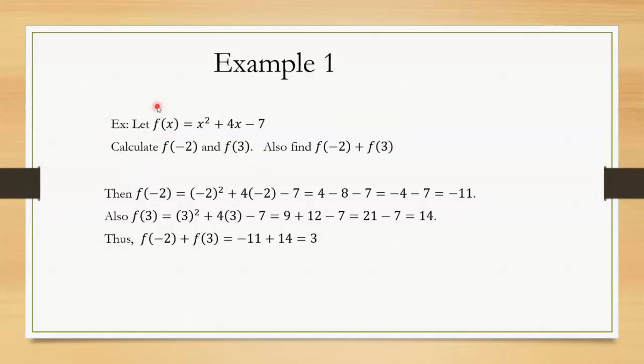So from here, we have f of -2 and f of 3. We're calculating those, and we want the sum. All we're going to do, as you can probably see here already, is take the x here, and for this, I'm replacing x by -2.